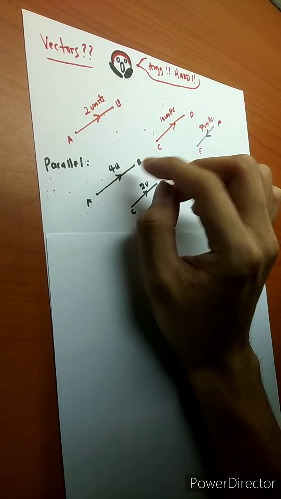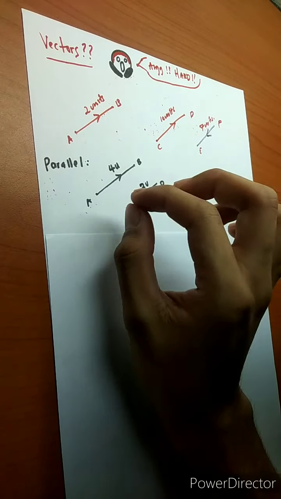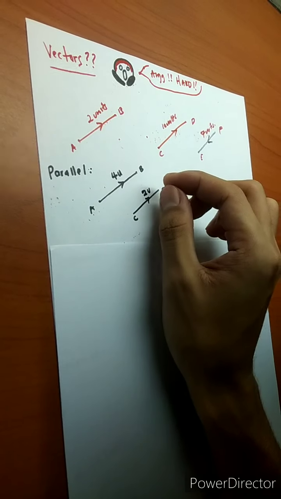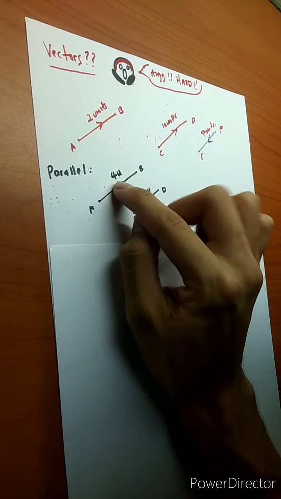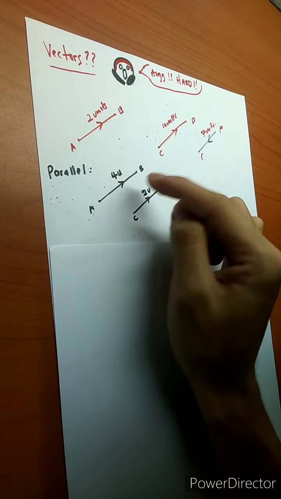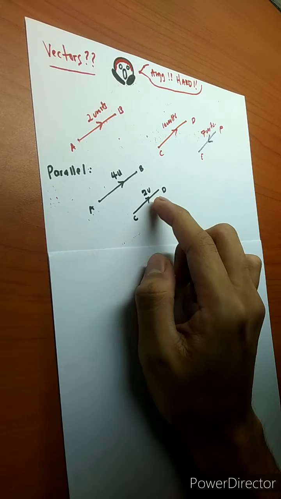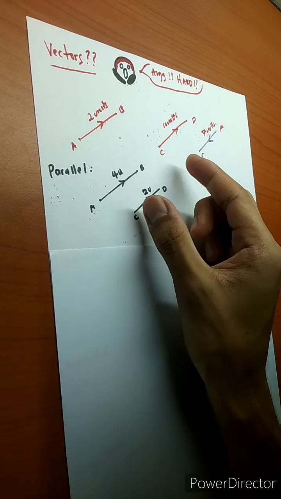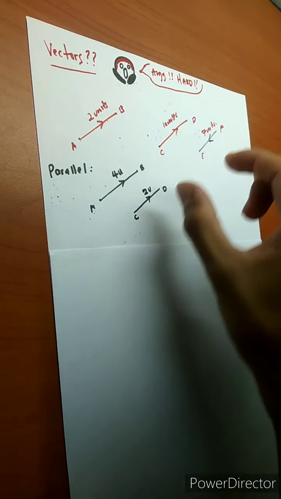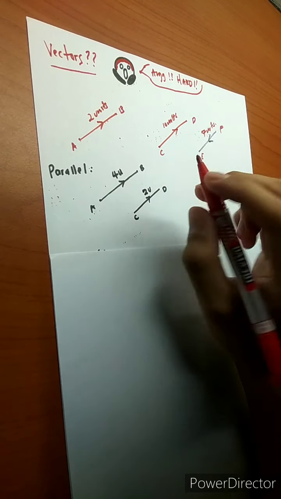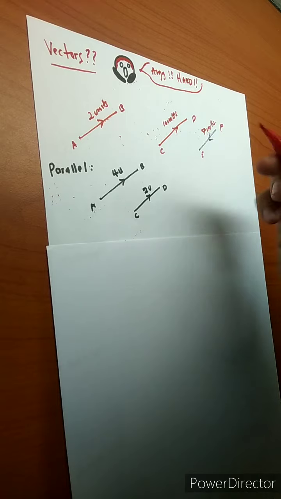Over here we have vector AB, said to be parallel to vector CD, even though the magnitudes are different: 4 units and 2 units. The u here is units, not a variable. Since they have the same direction, we say they are parallel regardless of the magnitude.